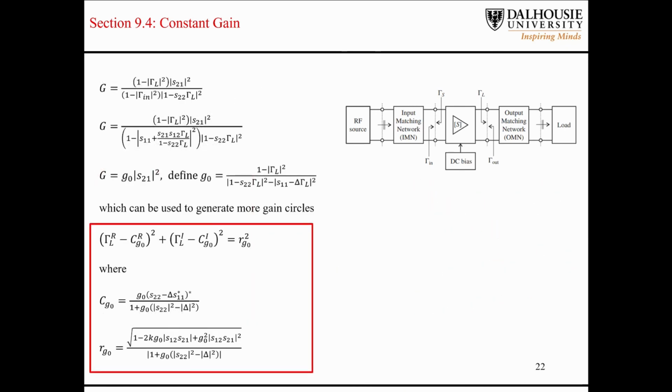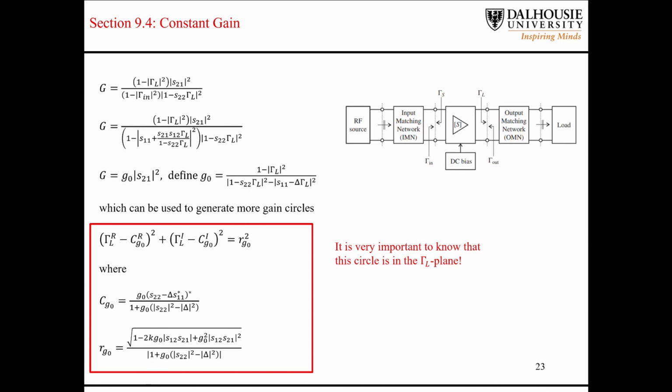So we can start with the expression from the previous slide, and we can plug in our expression for gamma in like this, make some simplification, and basically end up with another set of gain circles, okay, where we have this time circles that are plotted in the gamma L plane. That's very important to point out.